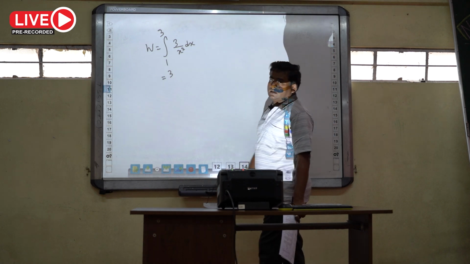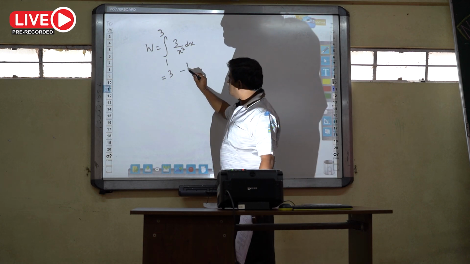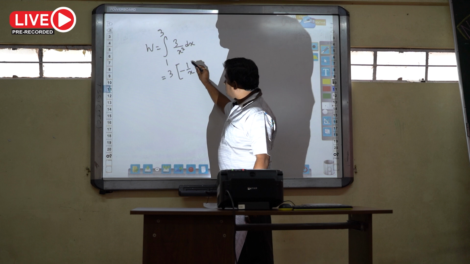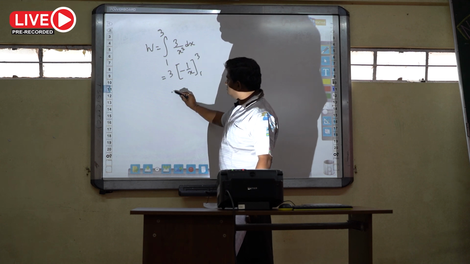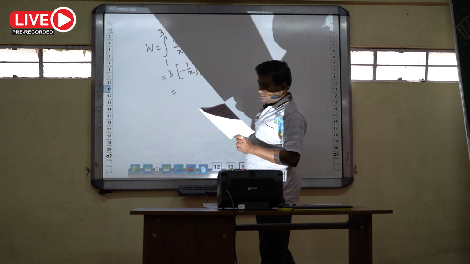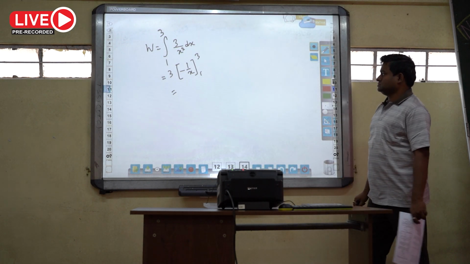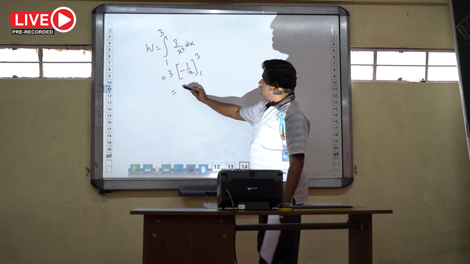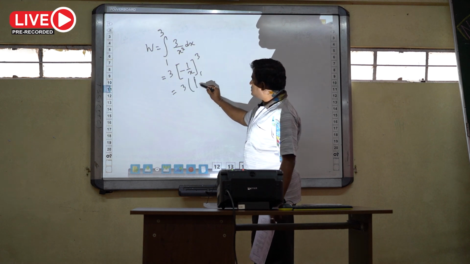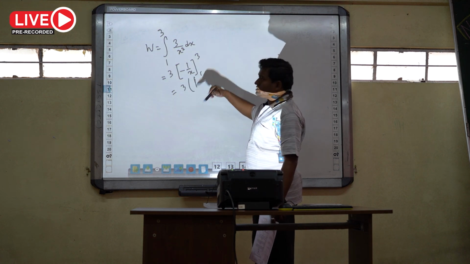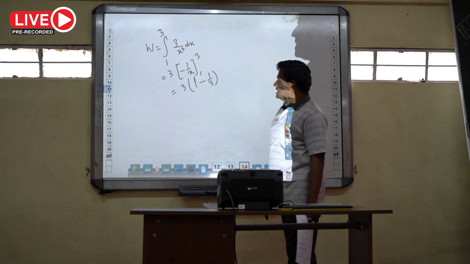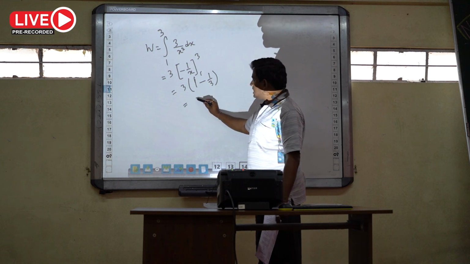So it will be minus 1 by x, its integration, then 1 to 3. So it will be 3 into 1 minus 1 by 3. I just changed the limit because there is a minus sign. So it will be 2 by 3 times 3, that is 2.